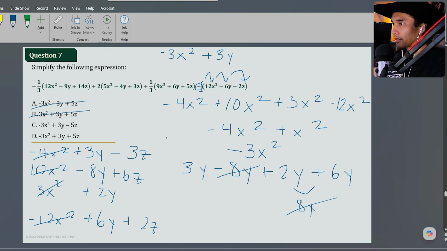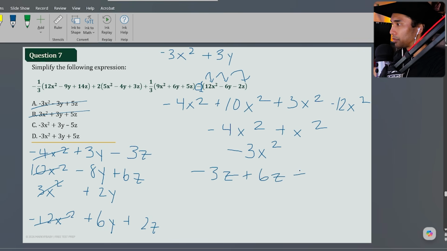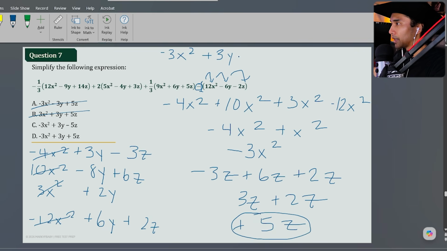So let's go ahead to the last term, which is the z terms. So I'm just going to erase the y's, and now I'm going to go negative 3z plus 6z plus 2z. And then negative 3z plus 6z is positive 3z, and then plus 2z, that equals 5z. And that's a positive number. Plus 5z. So that gives us answer choice D as the correct answer.